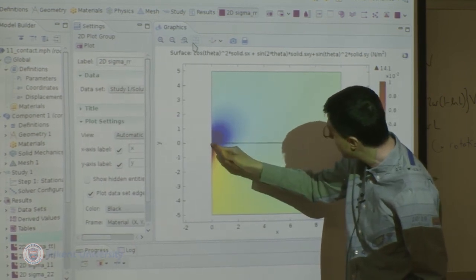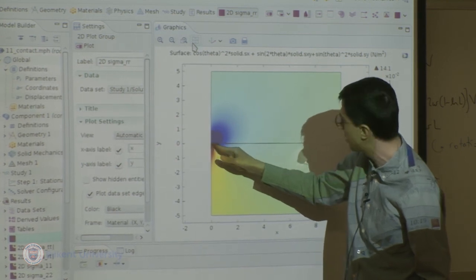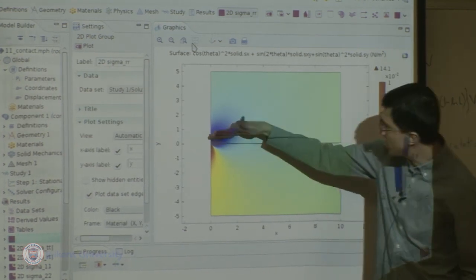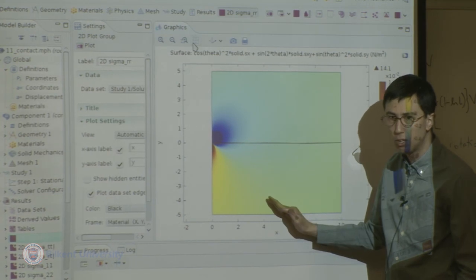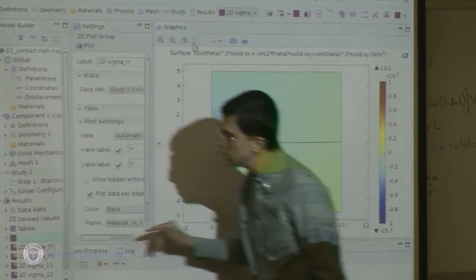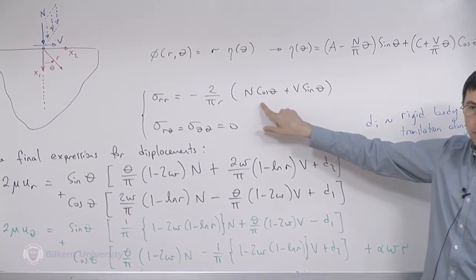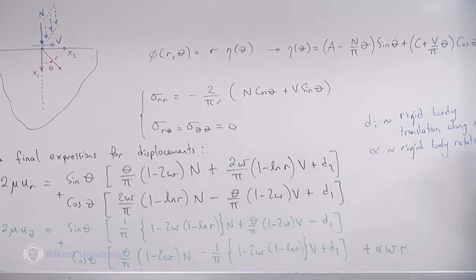And then there is this line here that is the meeting place between tensile and compressive. That is sigma RR equals 0. Okay? That you can sort of judge. It's roughly, in fact, not roughly, it's exactly minus pi over 4. Why? Because N is equal to V, pi over 4, 1 over square root 2, minus pi over 2, and then they cancel.